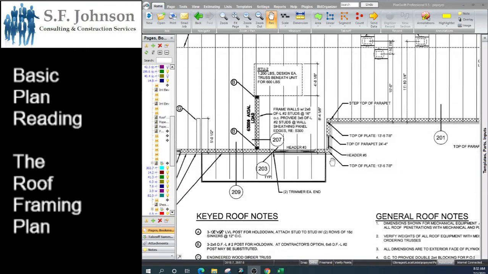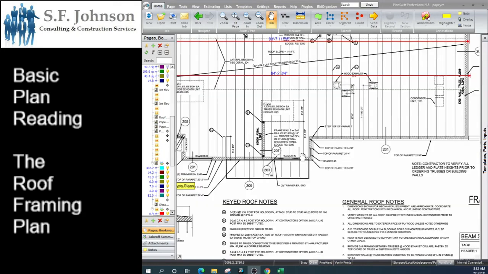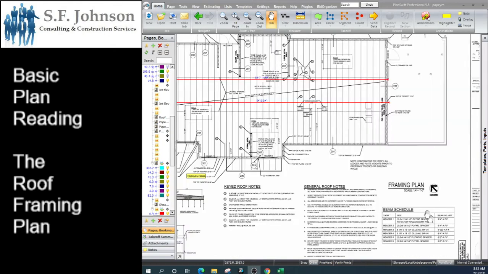So posts and columns, you're going to say I have 10, 20 of each particular height, and you're going to look at the section views in order to determine the height of those posts. And the headers, you're going to measure the linear feet, looking also at the keynotes of the makeup of the header. So area for the roof, each for the posts and columns, and linear for the headers.